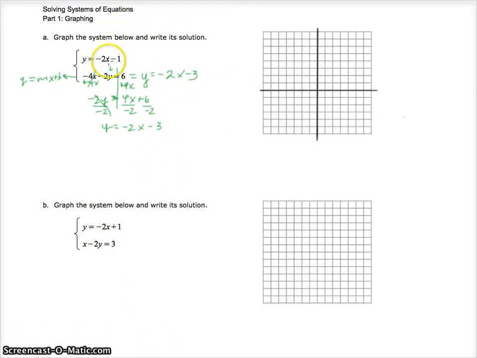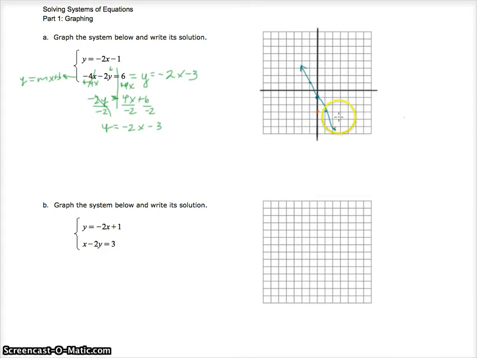Now we can graph both equations to find the solution. The first equation has a y-intercept of negative 1, and the slope is negative 2, so down 2 over 1. So it looks a little like that. The second one has a y-intercept at negative 3, so it's right here.